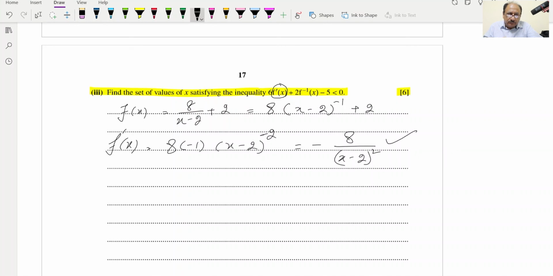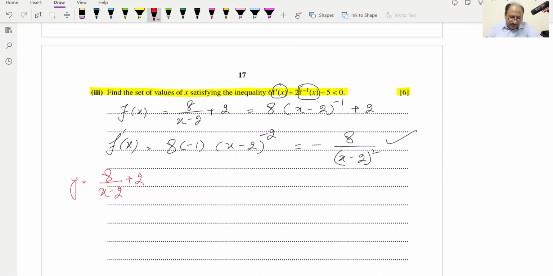Now we require the f inverse of x value also. For f inverse of x, we can write y is equal to 8 over x minus 2, plus 2.